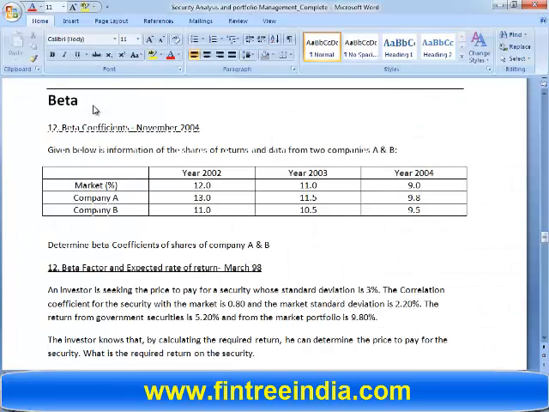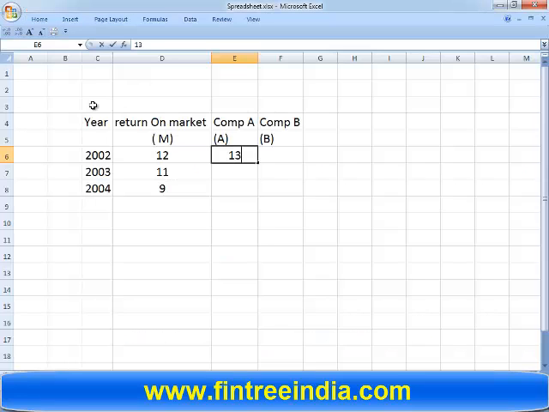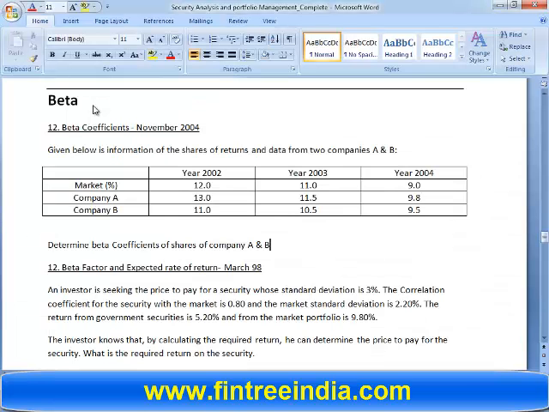Then data A, 13, 11.5, 9.8, 11, 10.5, 9.5.